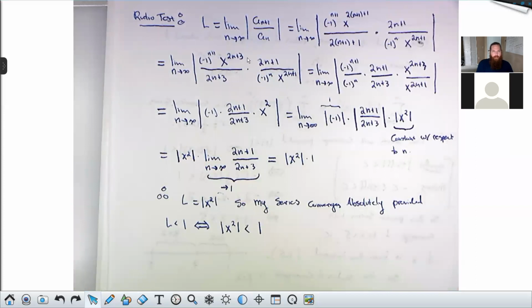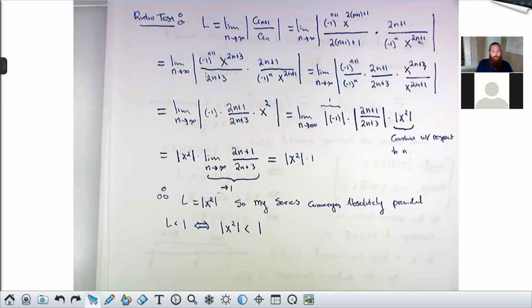And then we had a question about the algebra on this line. So what I did here is just shuffle like terms with like terms. I had a (-1) to the n plus 1 upstairs and a (-1) to the n downstairs. Since everything is being multiplied, no addition, I can just regroup as I choose. So I put the (-1) powers together.